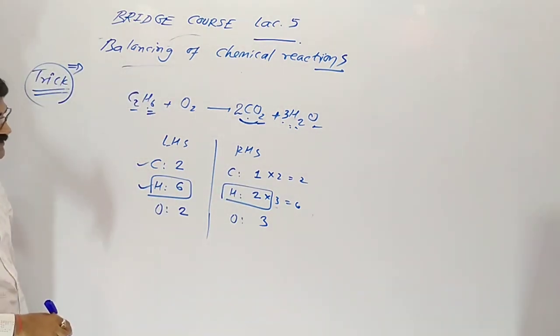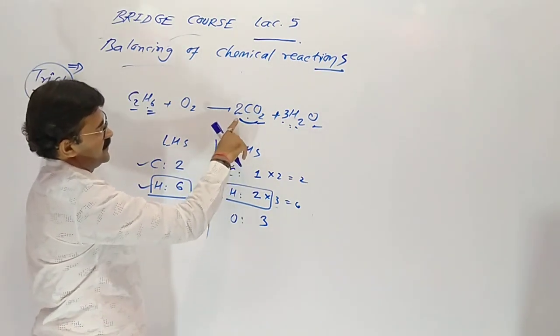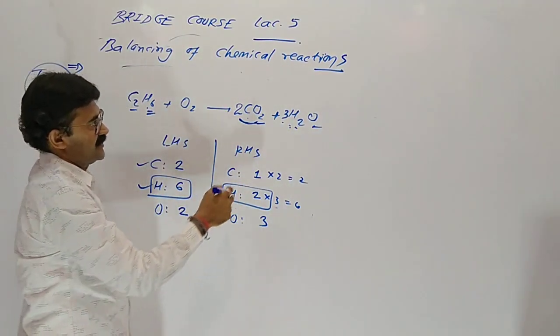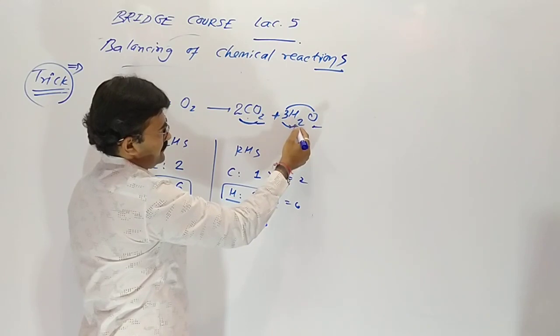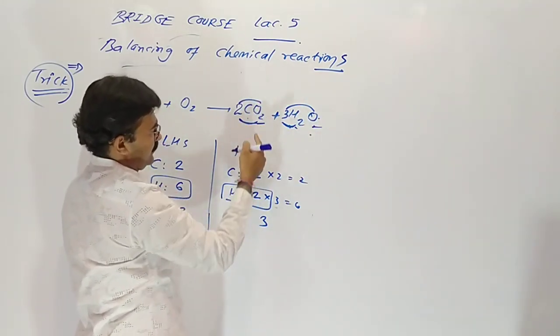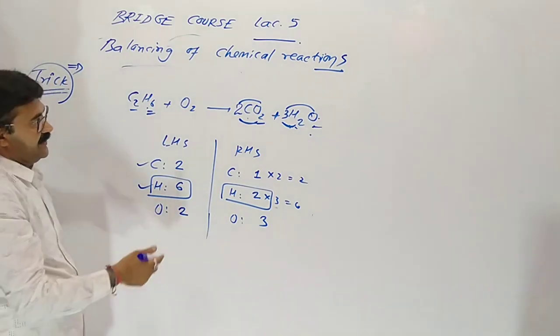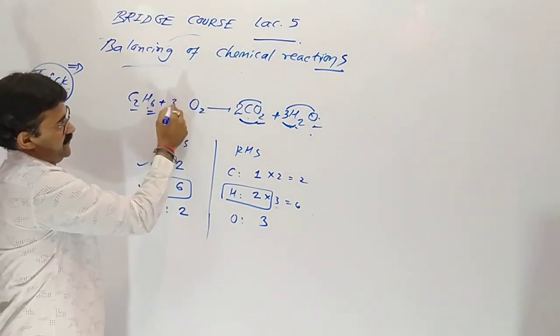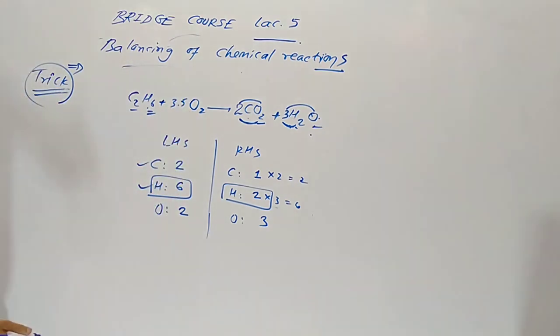Then after that we have to balance oxygen. Carbon 2, carbon 2. Hydrogen 6, 3 2s are 6. Now 3 multiplies to oxygen: 3 times oxygen, and 2 2s are 4. 4 plus 3 is 7 oxygen. For getting 7 oxygen we have to multiply by 3.5.